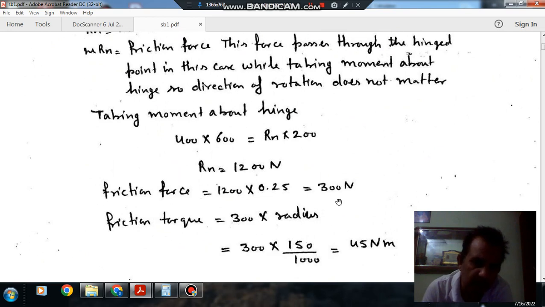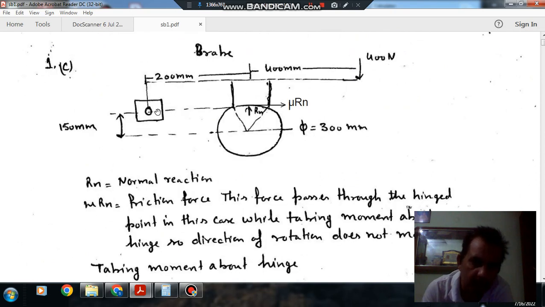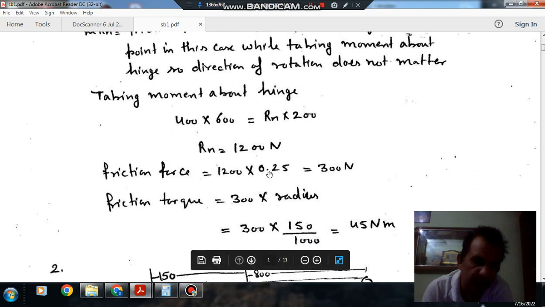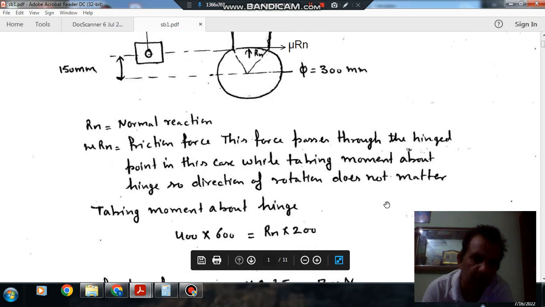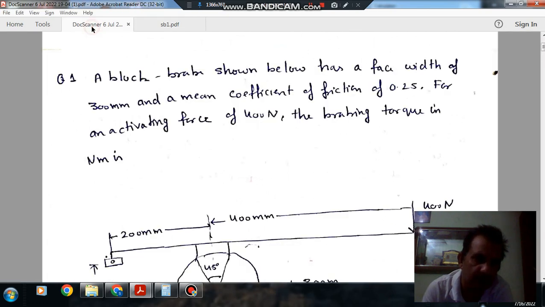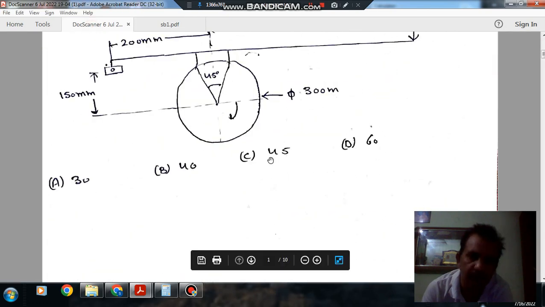If we multiply this friction force by the radius, it will give the friction torque: 300 into 150 by 1000, converting 150 mm into meter, that is 45 Newton meter. So the friction torque will be 45 Newton meter. So the answer is option C.